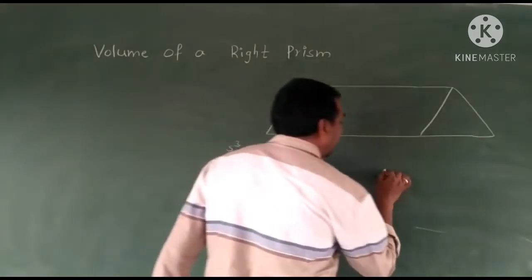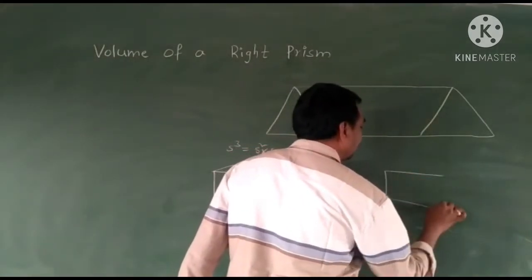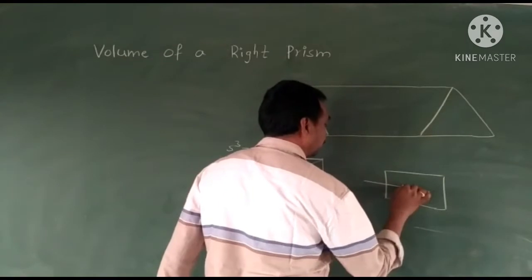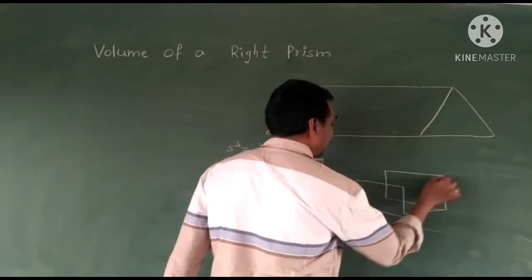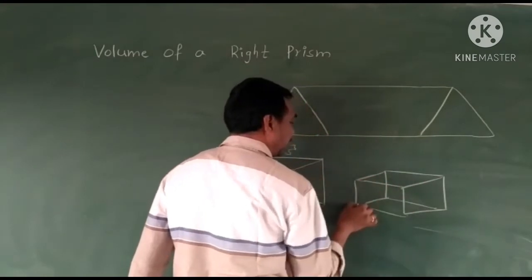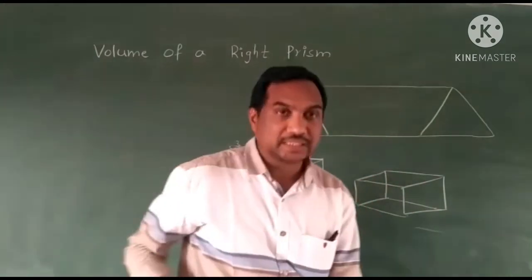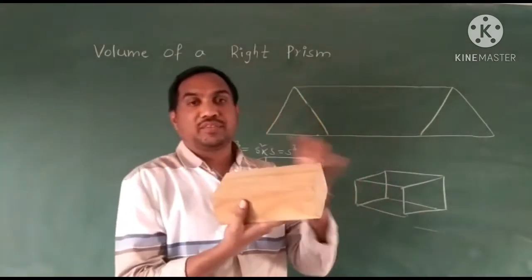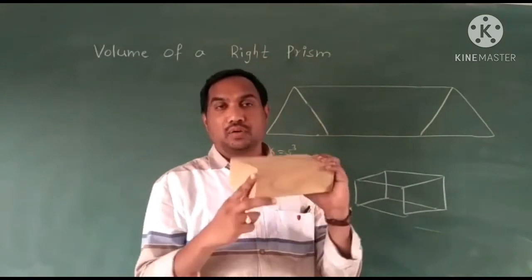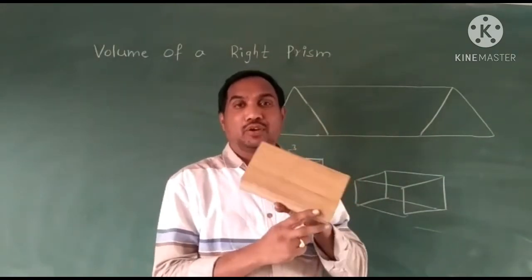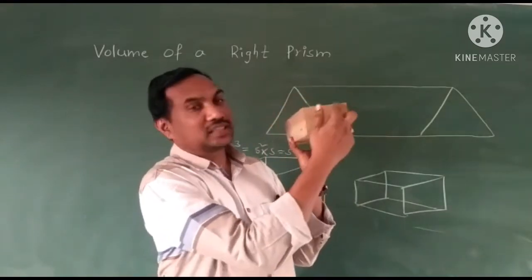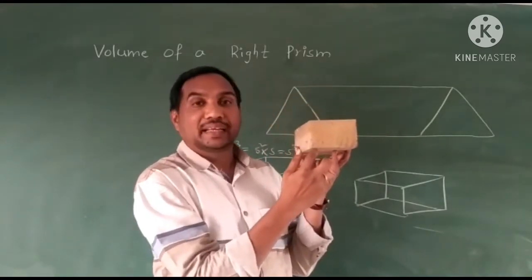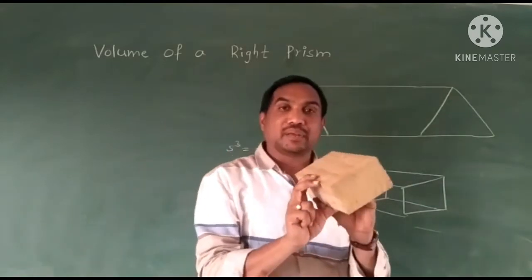Again, if I am taking a cuboid, see, this is a cuboid. Every face is a rectangle, and every angle is equal to 90 degrees. So this is the base, and this surface is also at 90 degrees, so this is also a right prism.